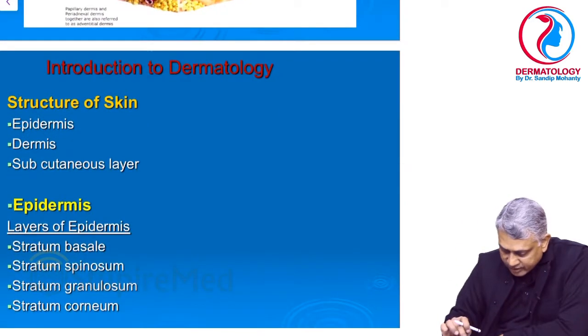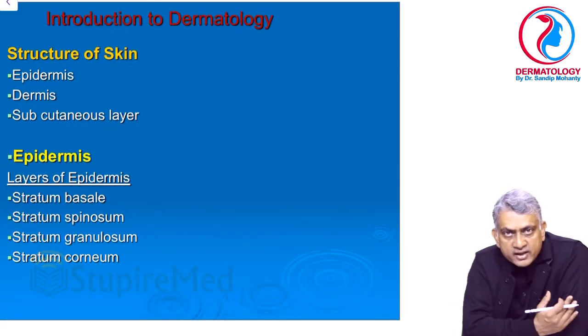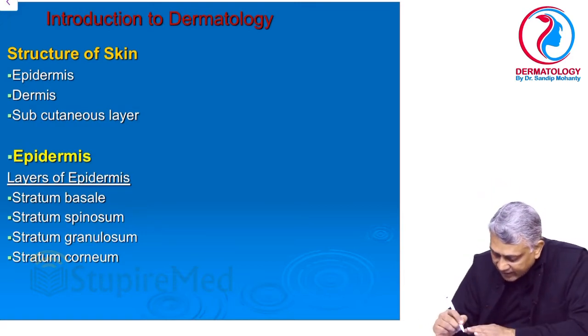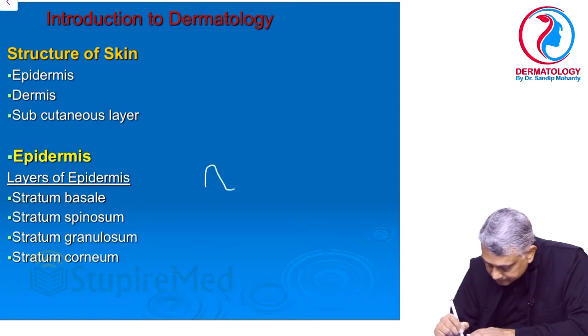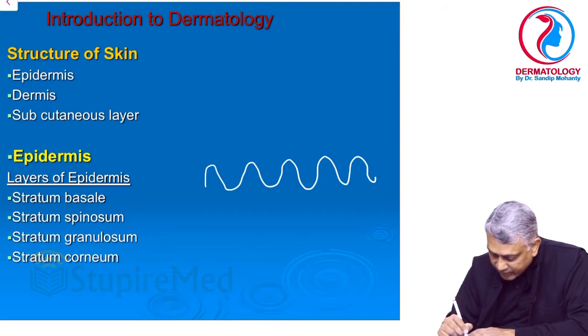As I told you, the layers of the skin are epidermis, dermis and subcutaneous layer. So let us start with epidermis. What are the things one should know about epidermis? What are the layers of the epidermis? The lowermost layer of the epidermis is known as stratum basale.